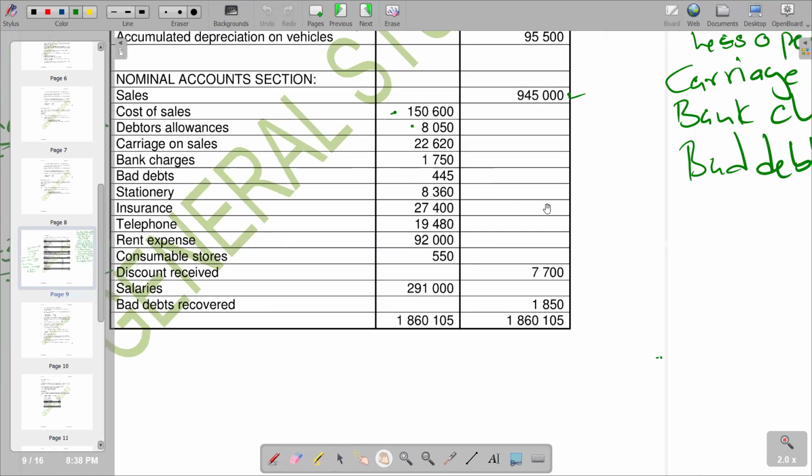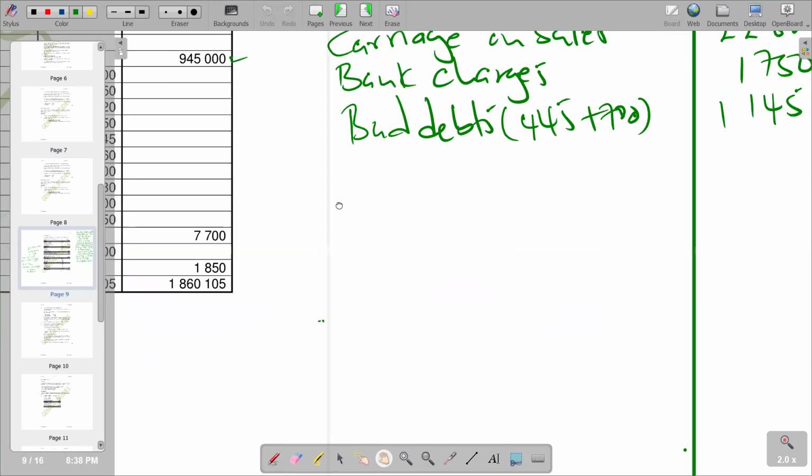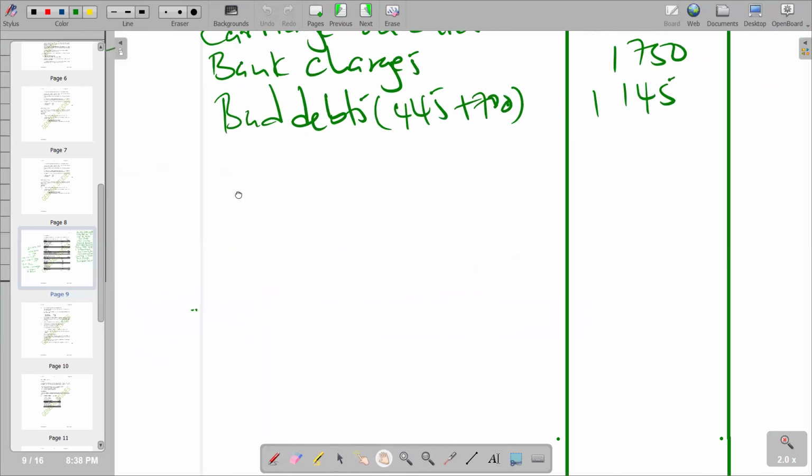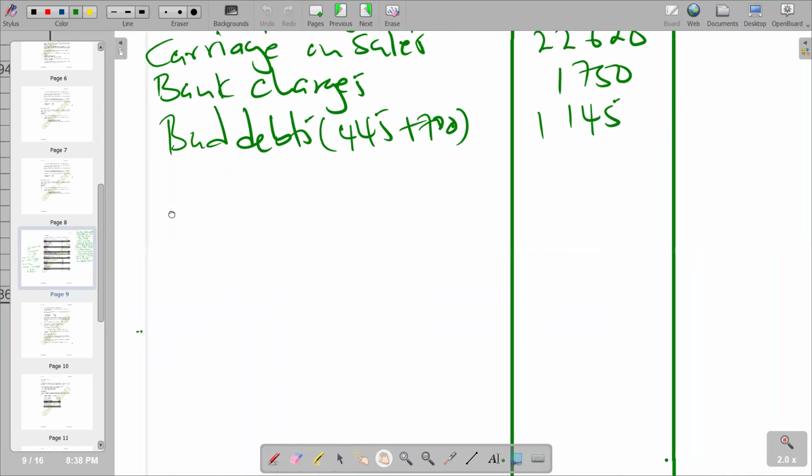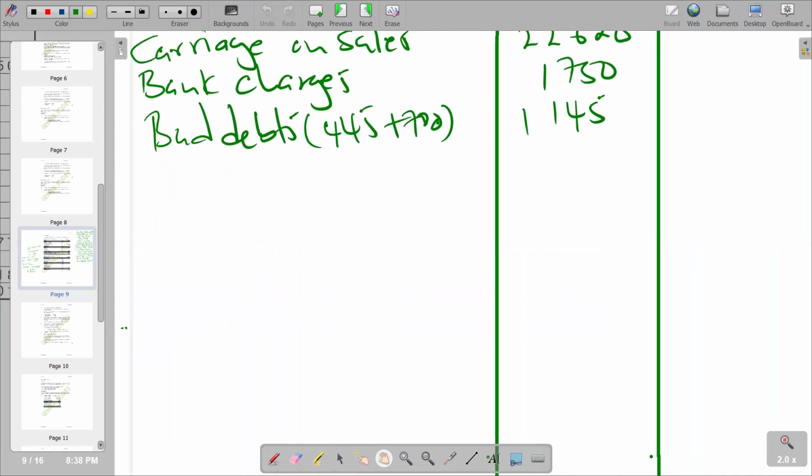So we come in and assign stationery. In brackets we can also show the working by saying 8,360 minus 50, and then we're going to get 8,310.